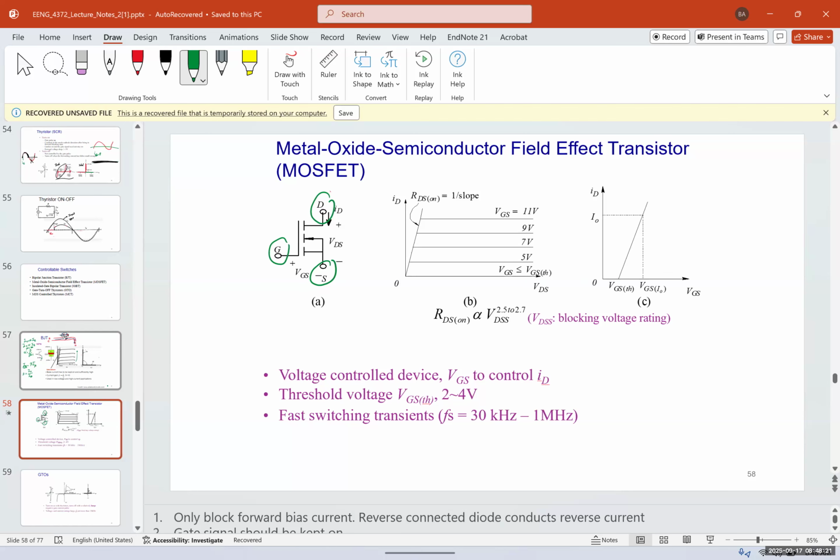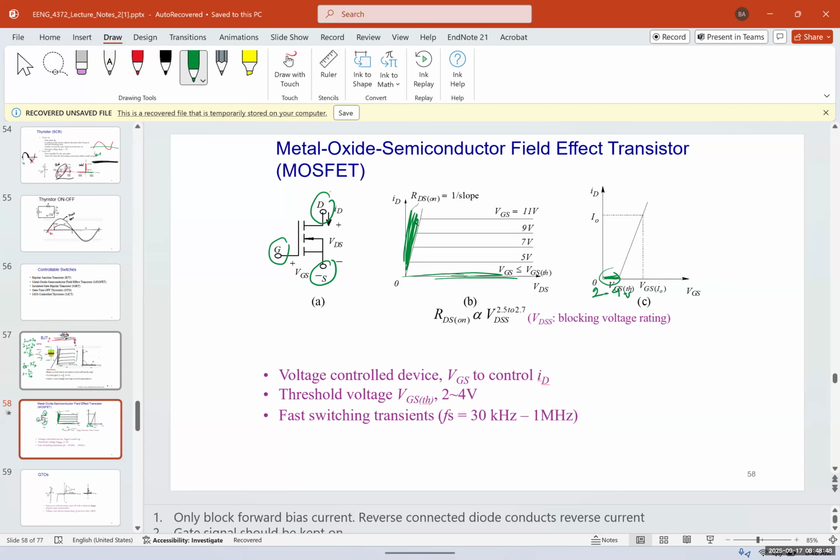The threshold voltage is around 2 to 4 volts, so it takes 2 to 4 volts to turn this on. And it has very fast transients, around 30 kilohertz or 30,000 times per second, or 1 million times per second, 1 megahertz.